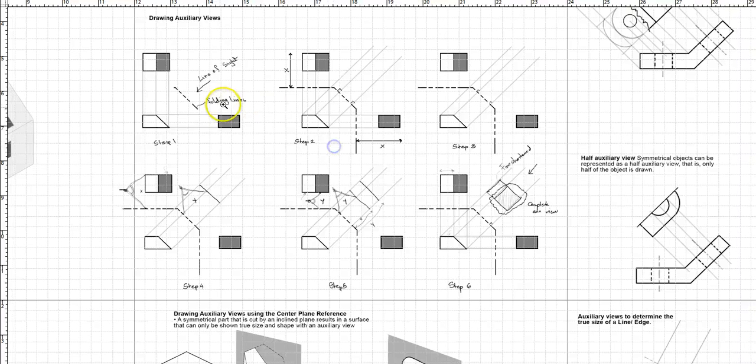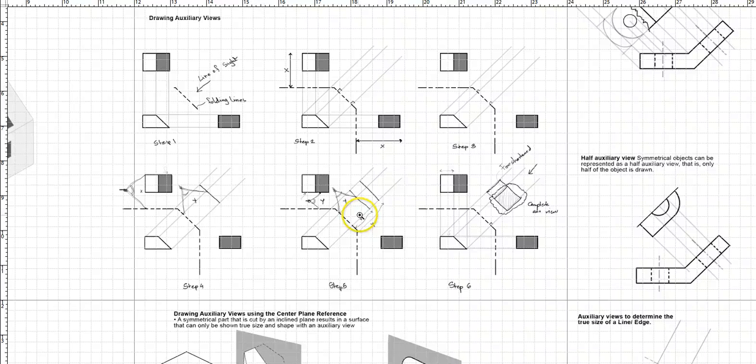So we are using the folding line technique, where we draw the folding line parallel to the surface which is inclined. Now the incline could be 30 degrees, it could be 60 degrees, whatever angle, it doesn't matter. Then we have to make sure our folding lines are at an equal distance from the object in the top view and the side view, as well as my auxiliary view.